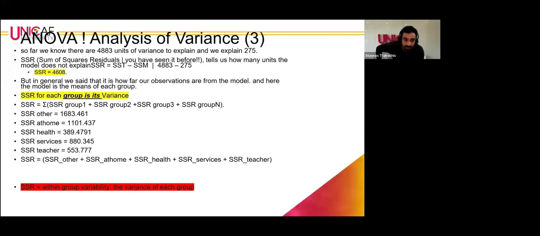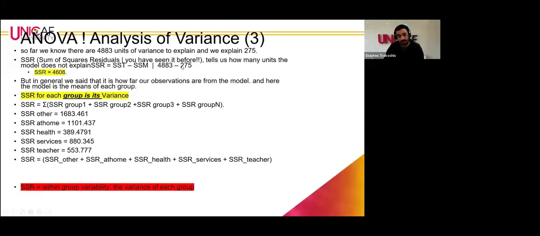And the sum of square residual, which is the error of the model, tells us how many units of variance the model does not explain. To get this, not surprisingly, we subtract from the sum of square total the sum of square model. There are 4,883 units of variance in my dependent variable.